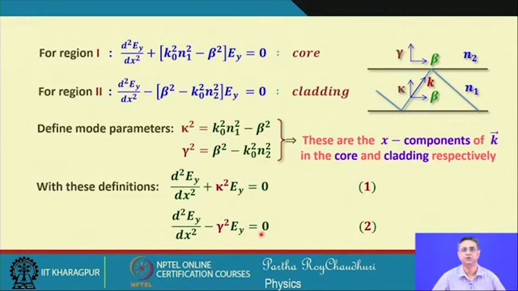So, these are the two wave equations for E y governing the propagation of the electric field in the structure for the core and the cladding.